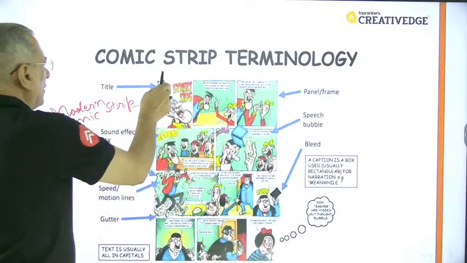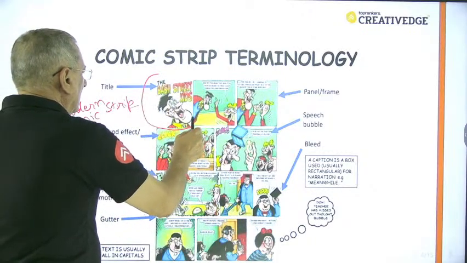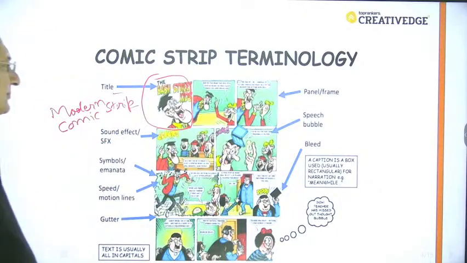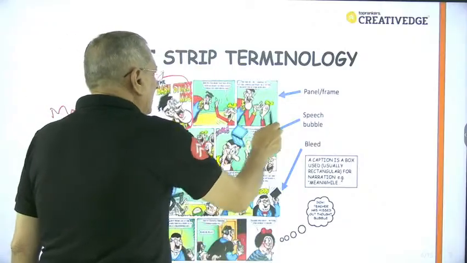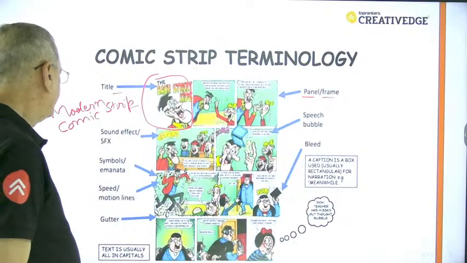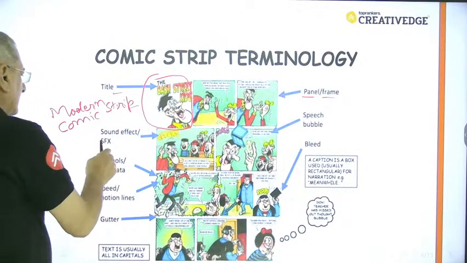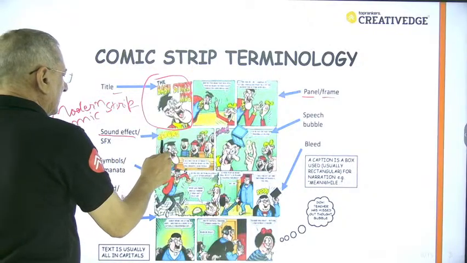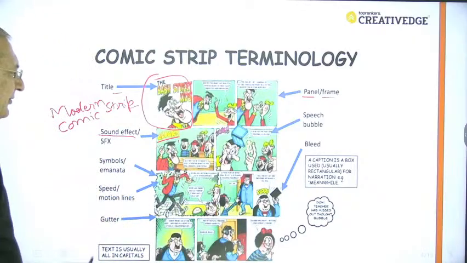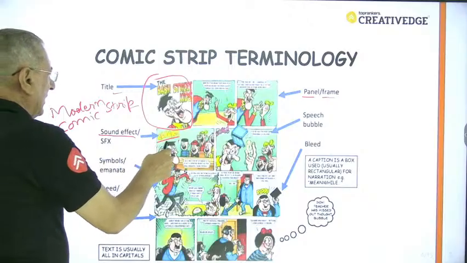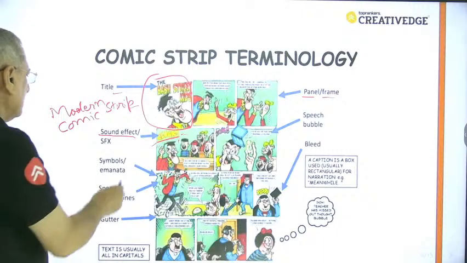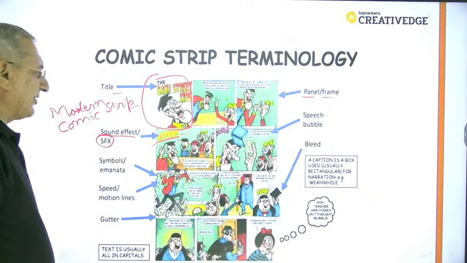What does a comic strip have to have? A column for the title. Then it has multiple panels or frames. The sound effects, click, clack, clock kind of sounds, are also written in a comic strip, shortly called SFX.